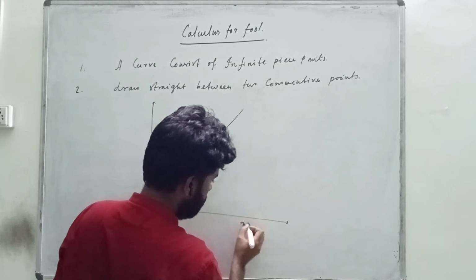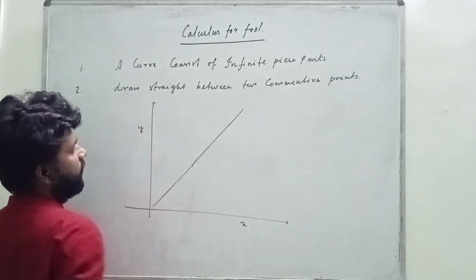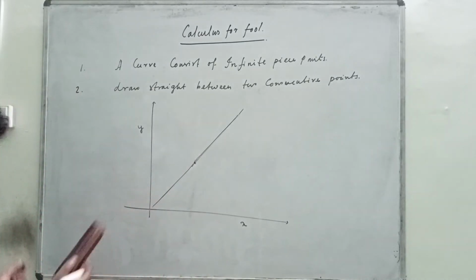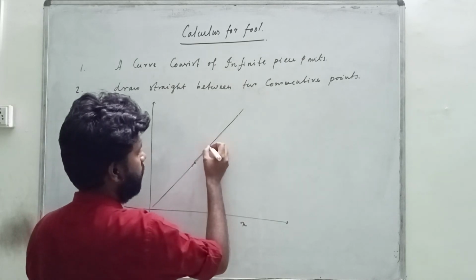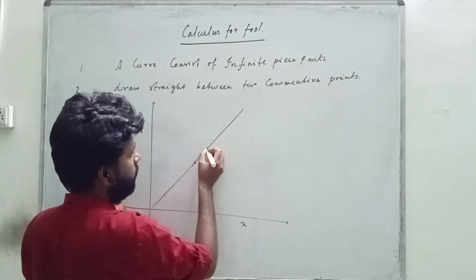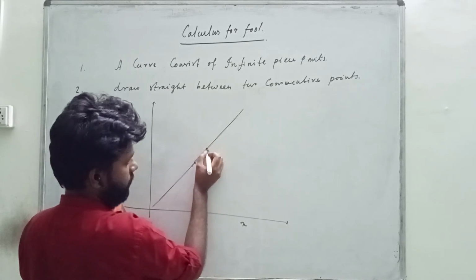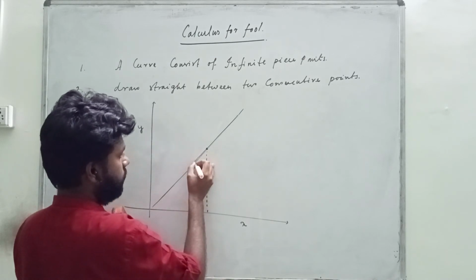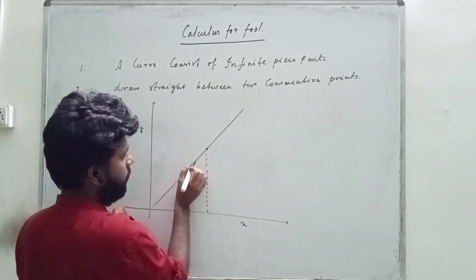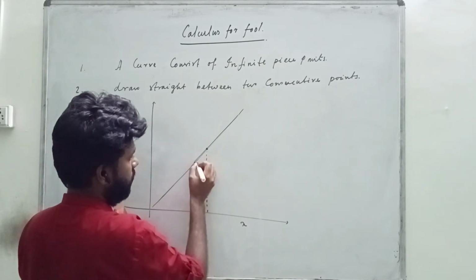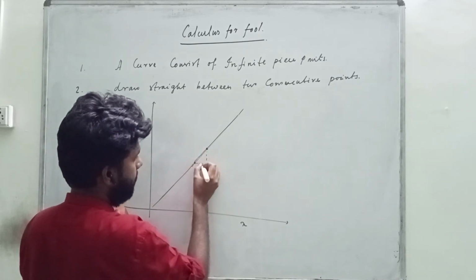Here's x, here's y, and here's the point where I check the slope. You drop a perpendicular from this point on the x-axis, and drop a perpendicular straight line from this point on this straight line.